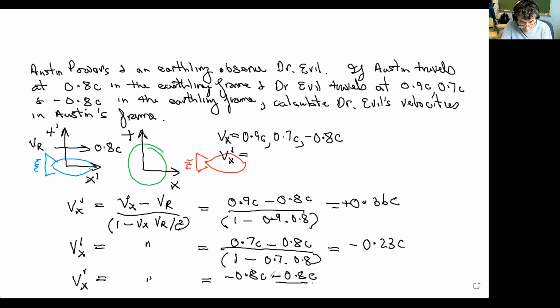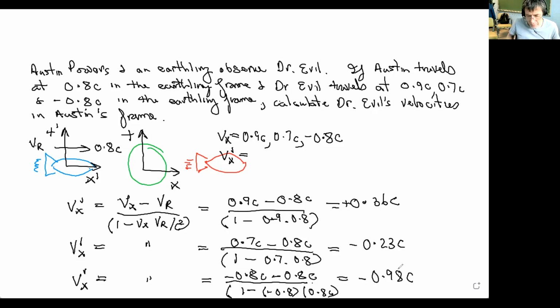Those are the speeds related to Austin's motion and Dr. Evil's motion. And then the denominator is going to be 1 minus, and be careful with the minus signs here. This is minus 0.8c, that's Dr. Evil's speed, plus 0.8c, that's Austin Powers speed. And if you carry out that calculation, I already did that, I got minus 0.98 times the speed of light. 98% of the speed of light.